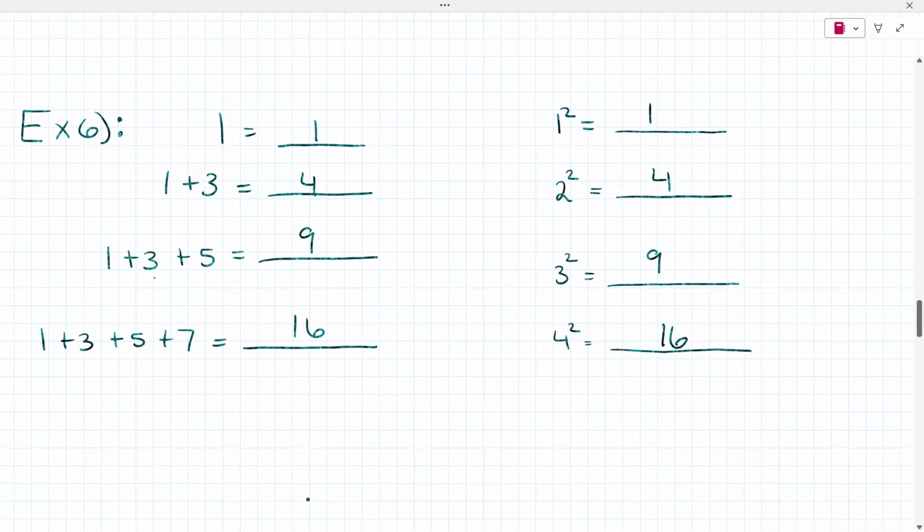If we started with 1, which is your consecutive number, and keep adding odd numbers, this is what you get: 4, 9, 16.